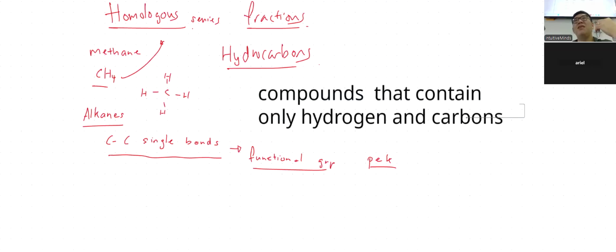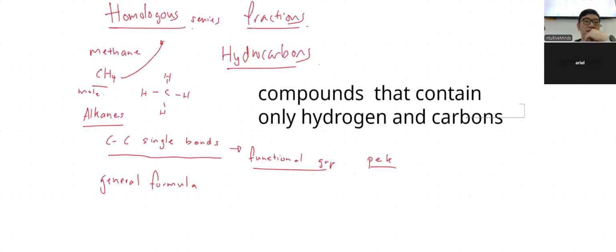Meaning to say, if methane has carbon-carbon single bond, then it's definitely part of alkane. Can you tell me the general formula of methane? Isn't it just CH4? That would be the molecular formula.